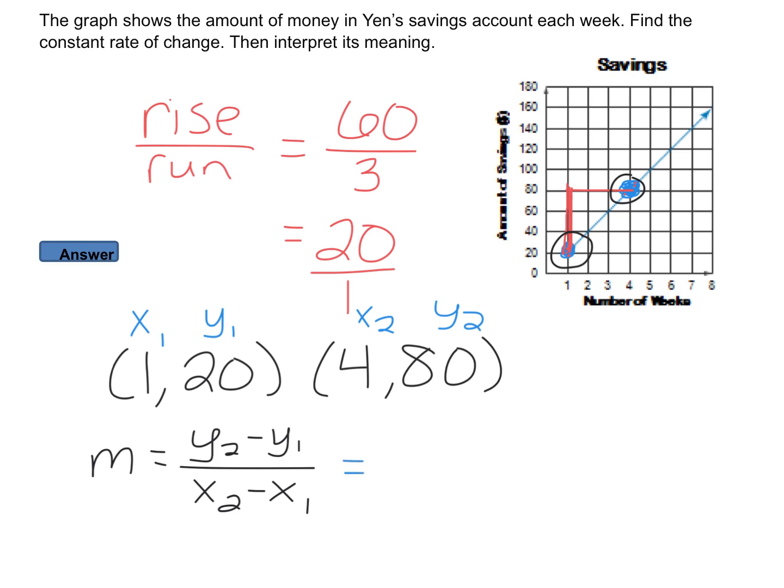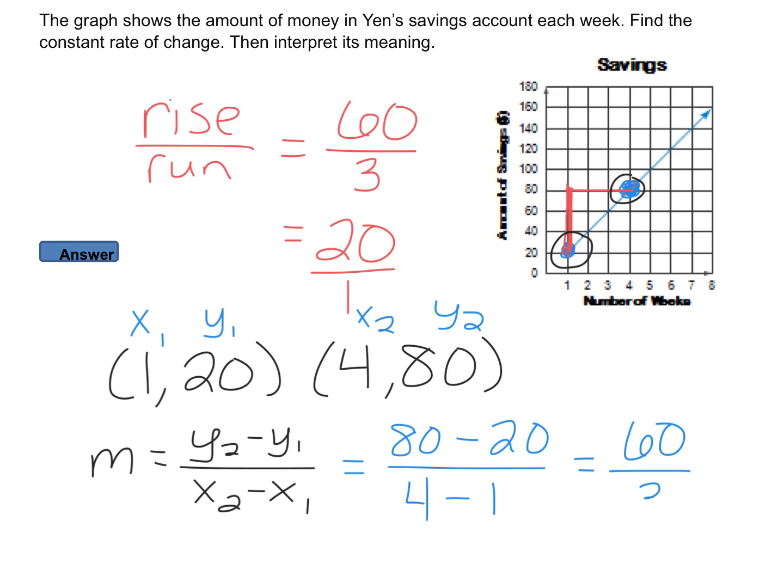Okay, what's my y2? 80, 80 minus y1, 20. And then my x2 is 4, 4 minus x1, well, 1. Now just solve those. What's 80 minus 20? 60. 4 minus 1? 3.